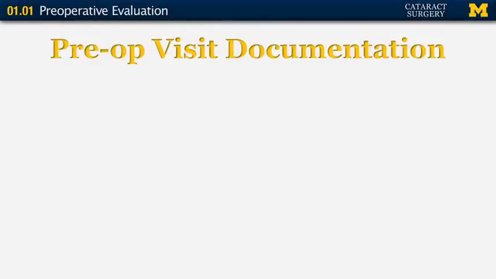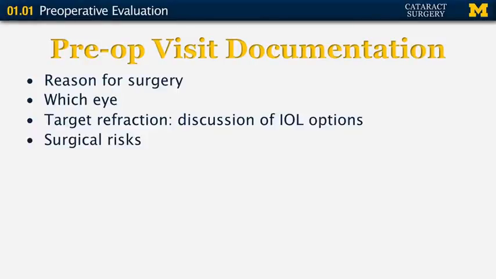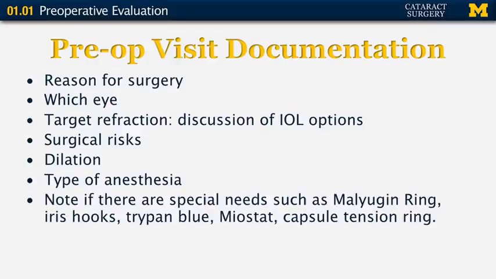Then we have to document everything in the patient's clinic note. We have to document the reason for the surgery, which eye, the target refraction, and the discussion of the lens options, risks of surgery, how well the pupil dilates, the type of anesthesia.